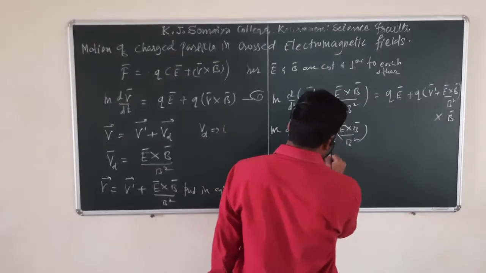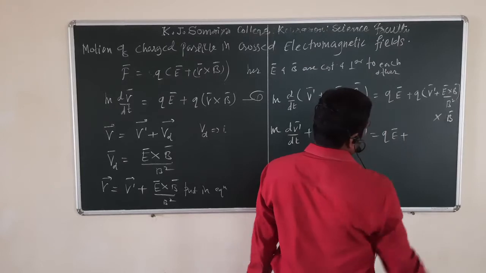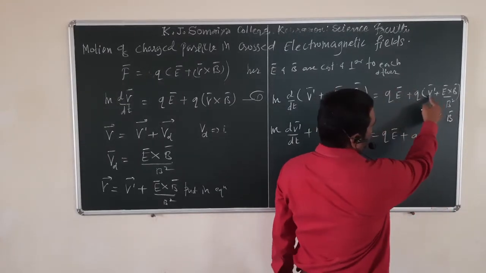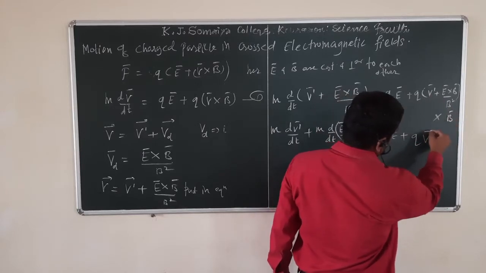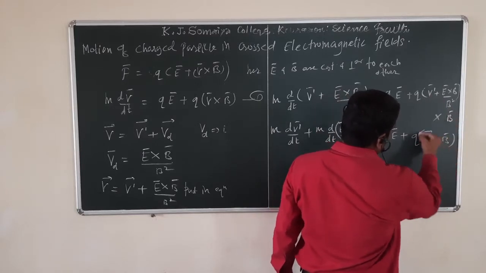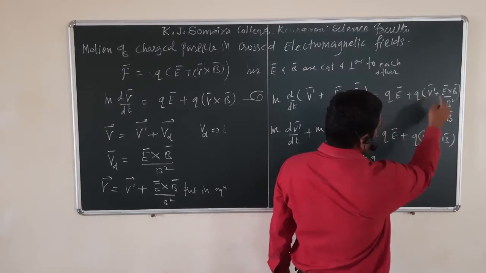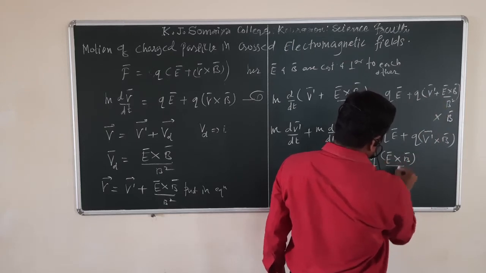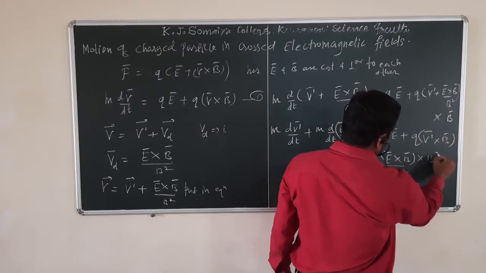On the right hand side we have qE plus the first term q v' × B, and the second term q (E × B) upon B squared, crossed with vector B.